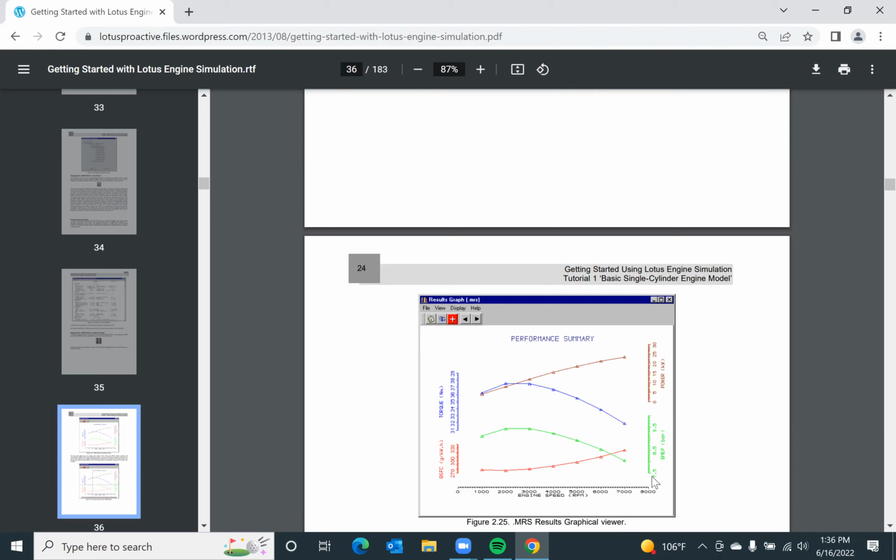This is the pressure inside the cylinder when the engine is run from 1000 to 7000 RPM. So you want to operate in a certain region. For example, I can reasonably say that the engine is going to redline beyond 5000 RPM. That is how I would decide where the red line would be.